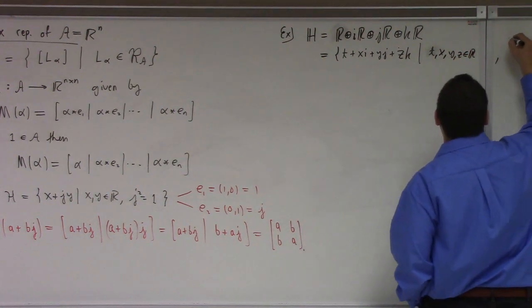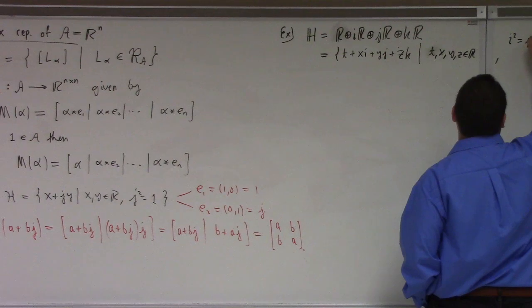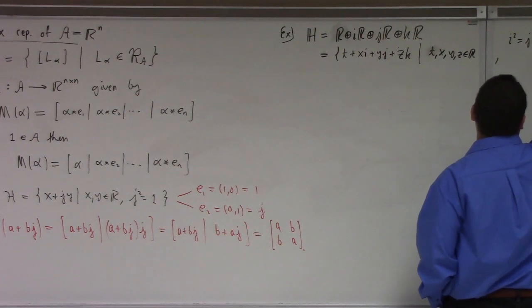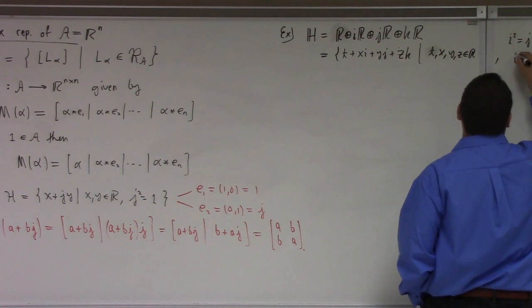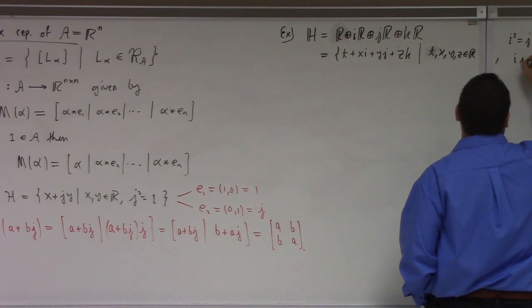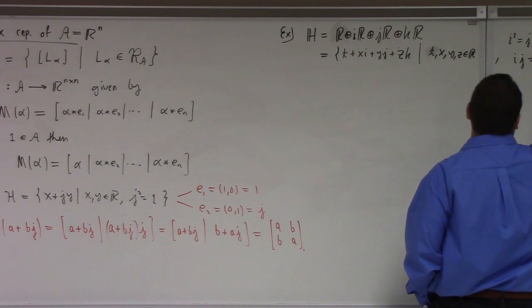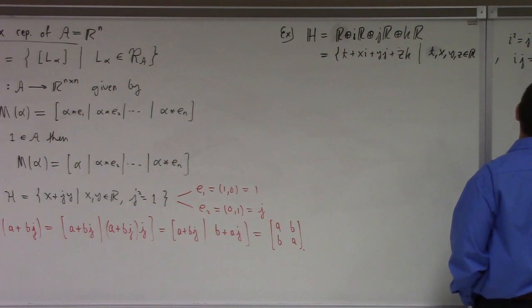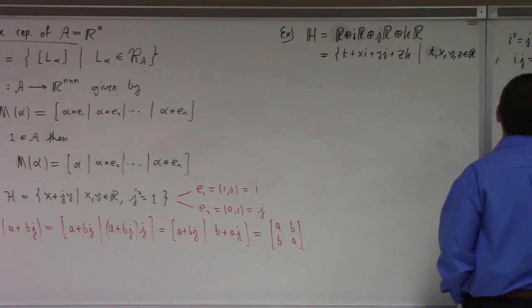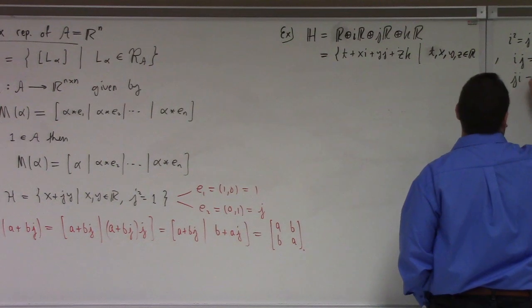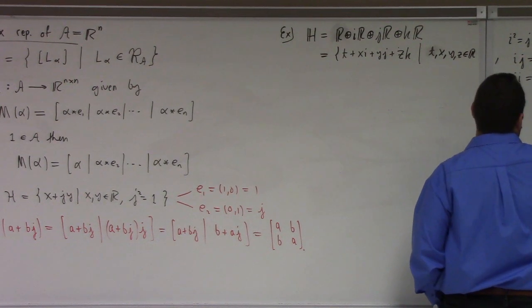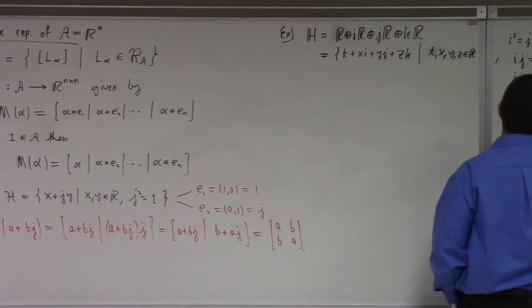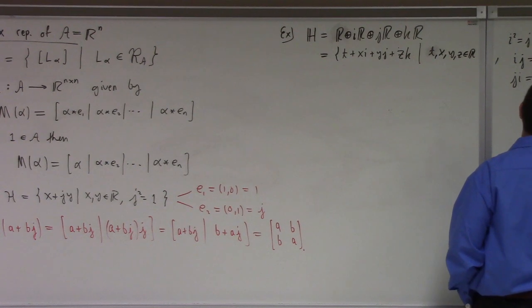And here we have i squared equals j squared equals k squared equals minus 1. And ij is equal to k, jk is equal to i, ki is equal to j, etc. And also ji is equal to minus k, kj is equal to minus i, ik is equal to minus j.